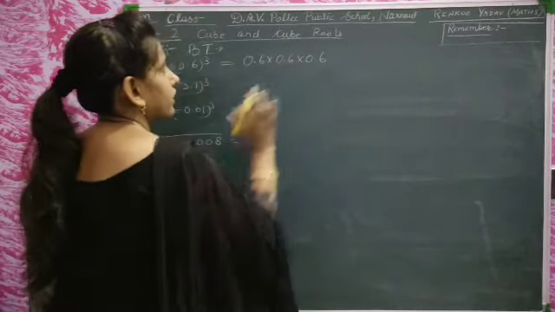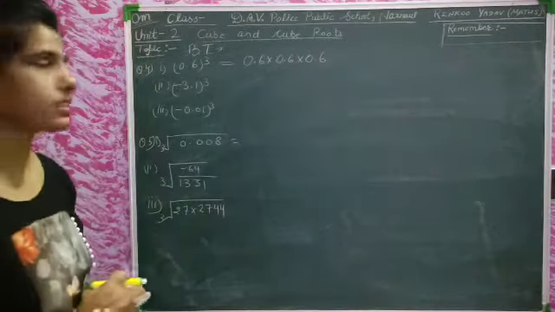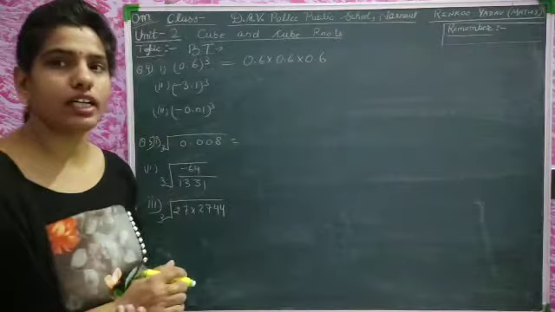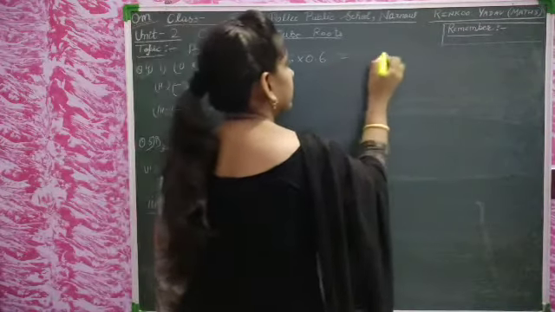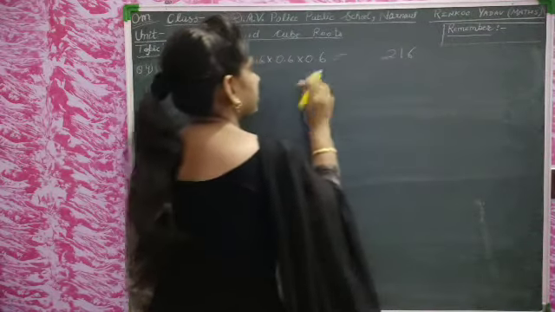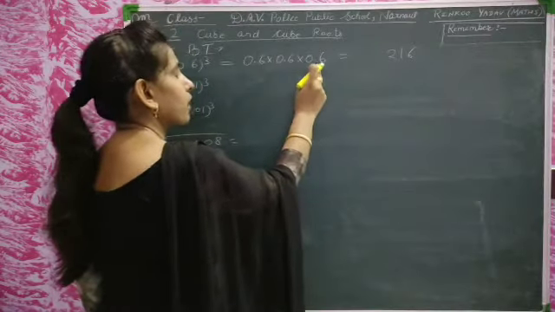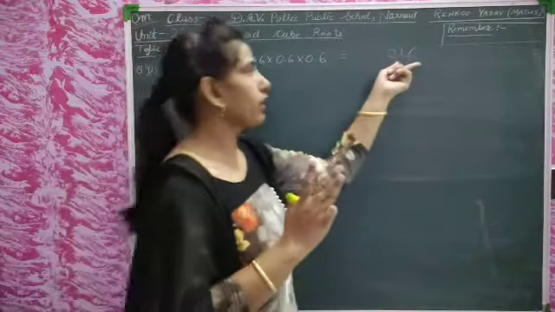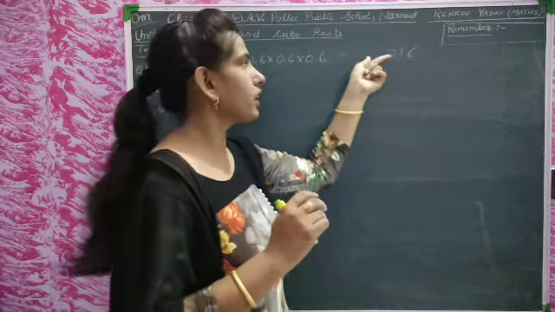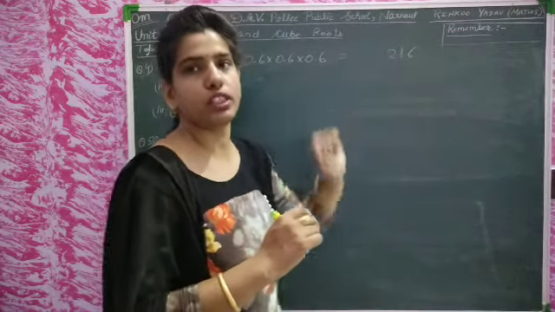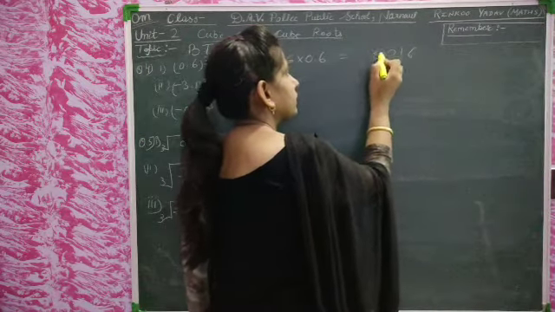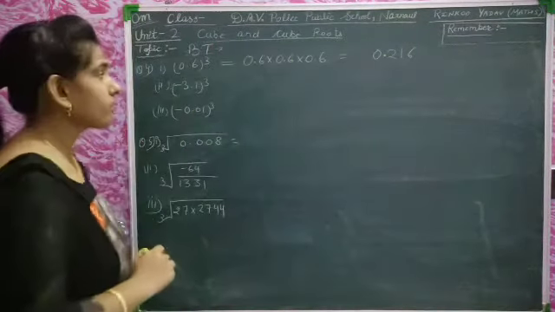We will multiply 6 and we get 216. After the decimal, how many digits are there? 3 digits. So in the answer, we will put the decimal before the 3 digits: 1, 2, 3 digits, the decimal is placed here.